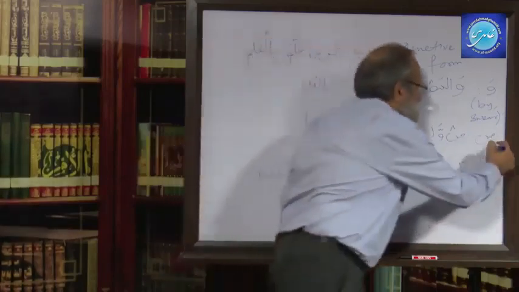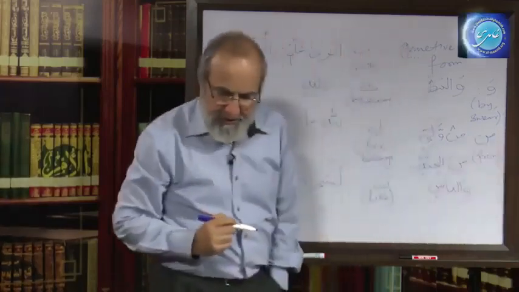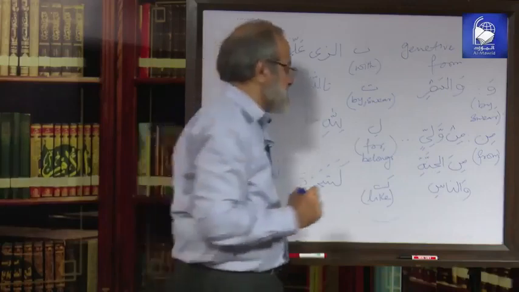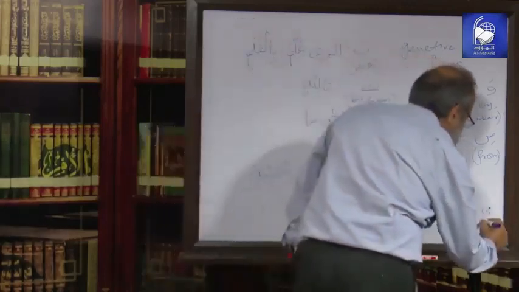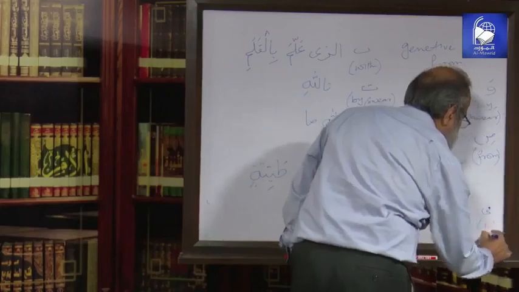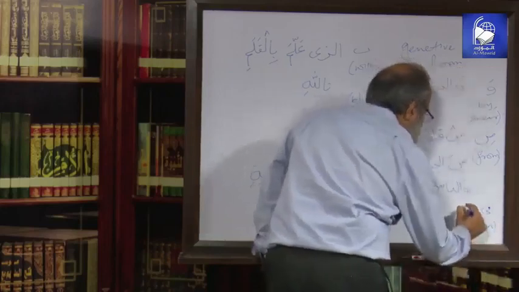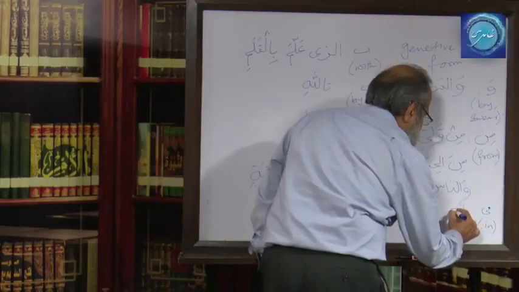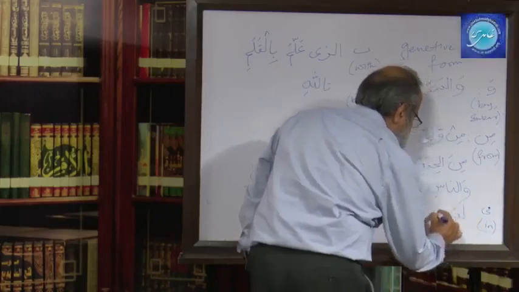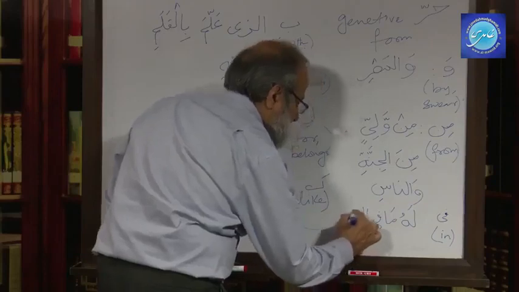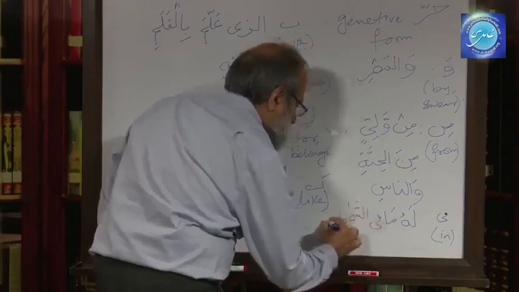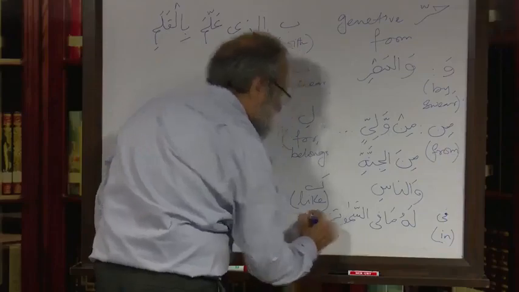From min, we move on to the next one, which is fi. Fi means in. Lahu, for him, is whatever is fis samawati wal ard, in the heavens and the earth.